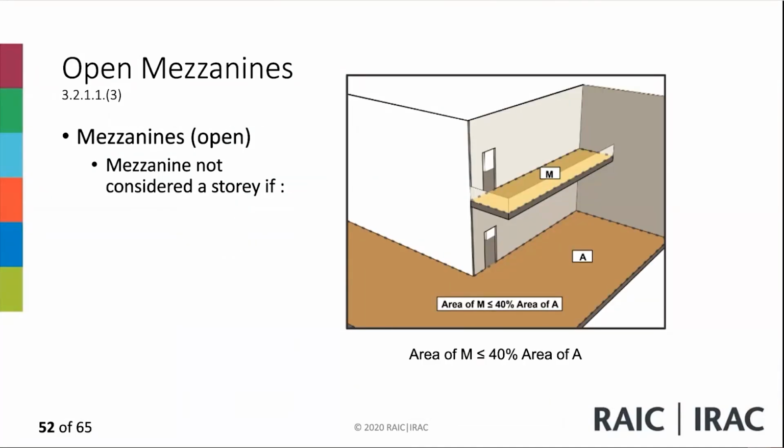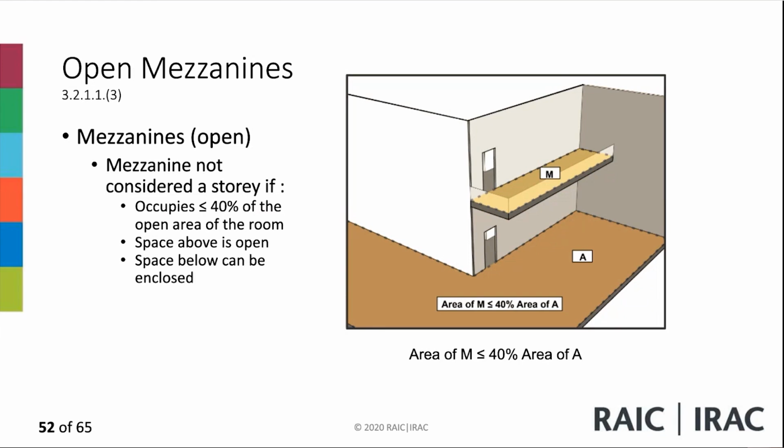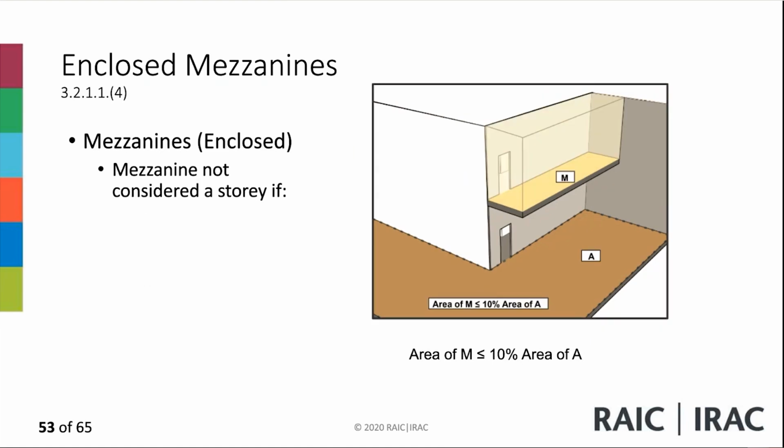So this is an open mezzanine. The mezzanine is not considered a story if it occupies not more than 40% of the open area of the room in which it's located. And the space above is open, and space below can, of course, be enclosed.